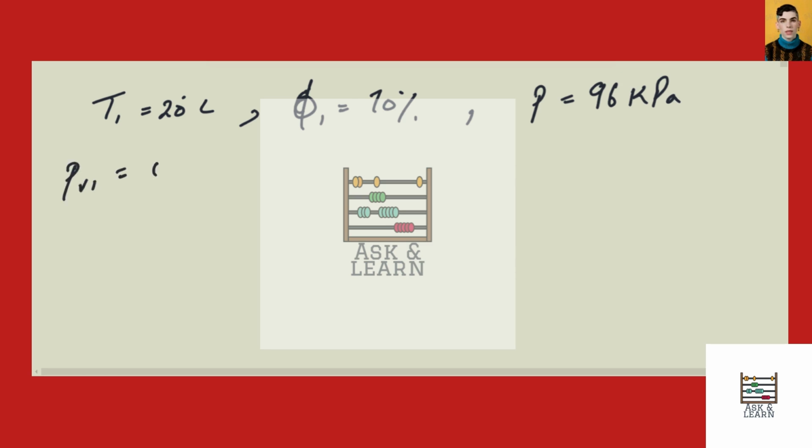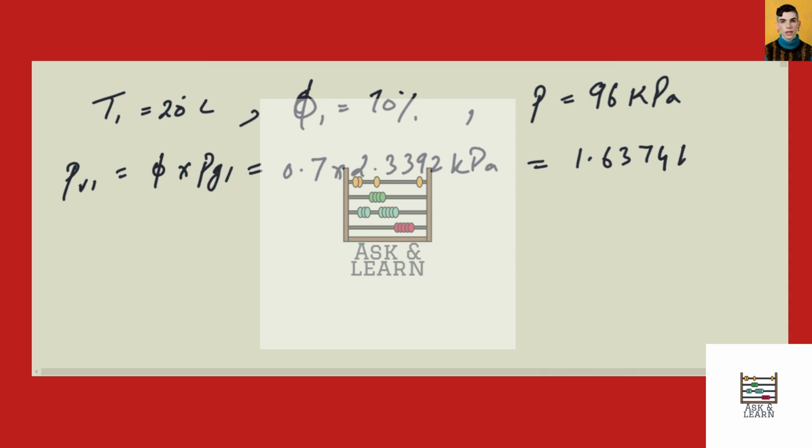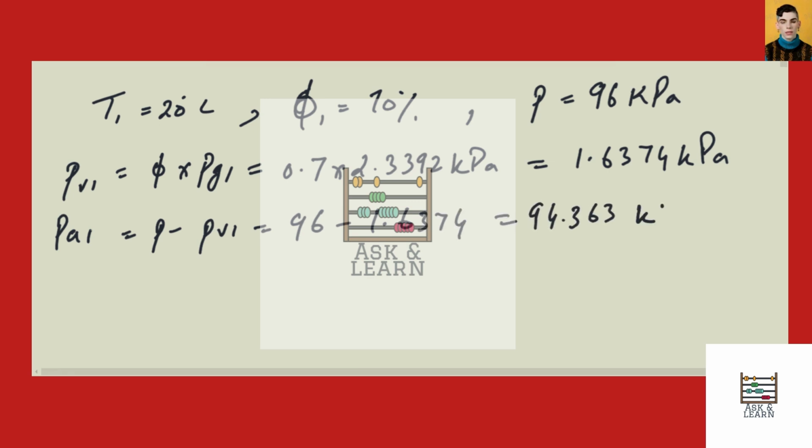So PV1 = phi × PG1 = 0.7 × 2.3392 kilopascal = 1.6374 kilopascal. Then PA1 = P − PV1 = 96 − 1.6374 = 94.363 kilopascal.